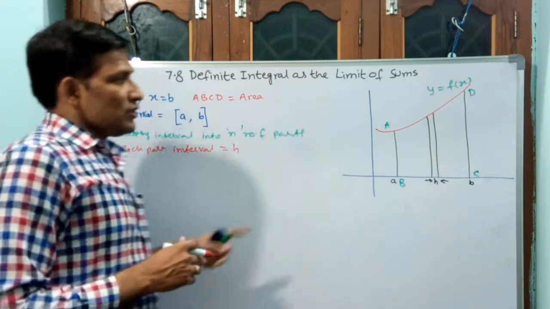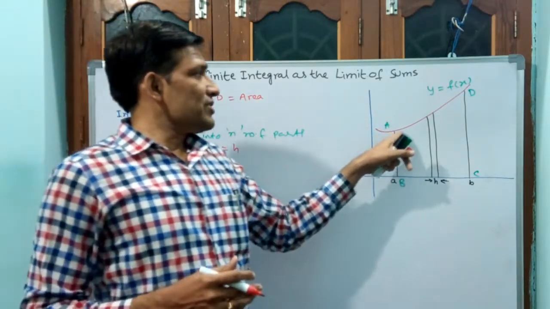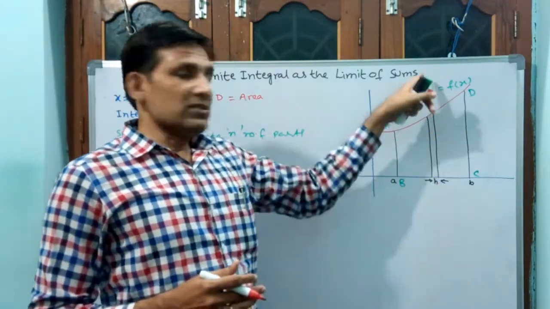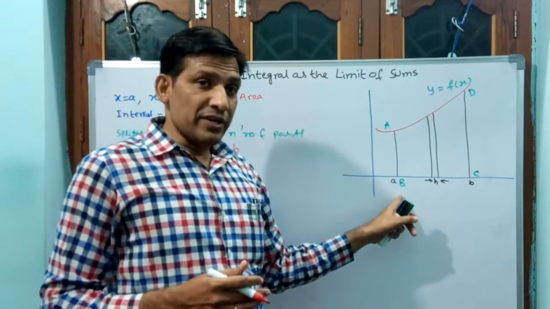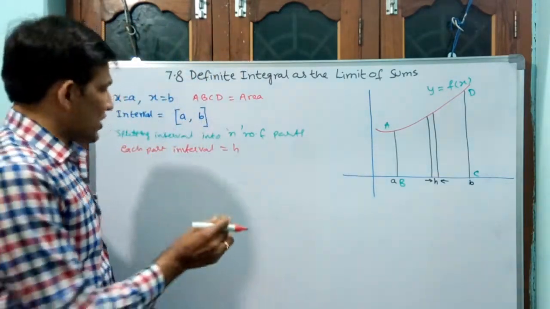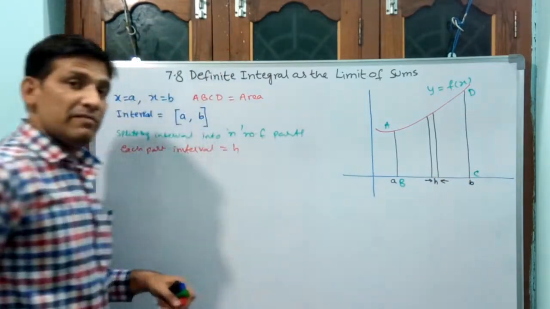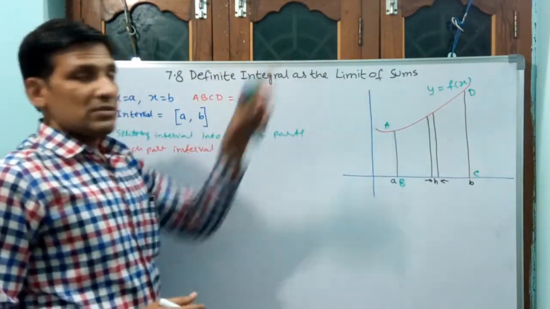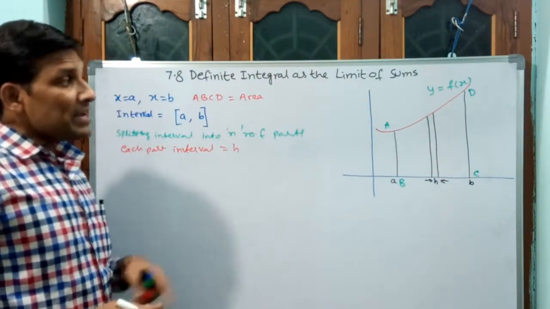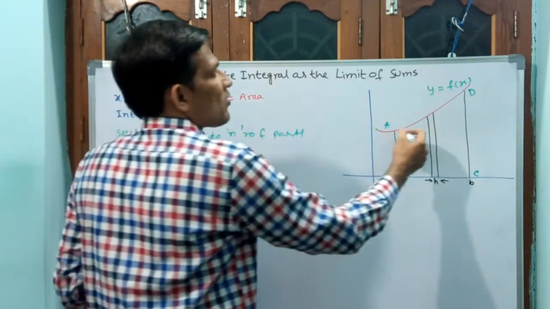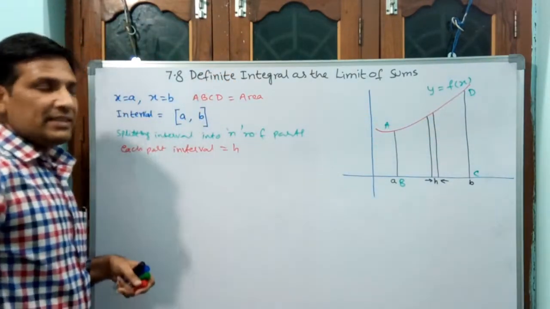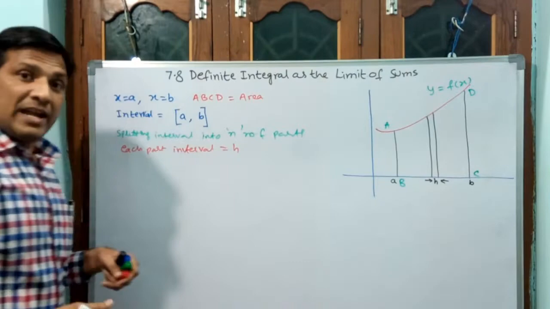Okay, see this portion at each area length. This x input will be interval same. Why? Because you are giving h, means h interval will be same. But what about this y? Y is different. Why? Because this curve is not a straight line. Different lengths will be there.